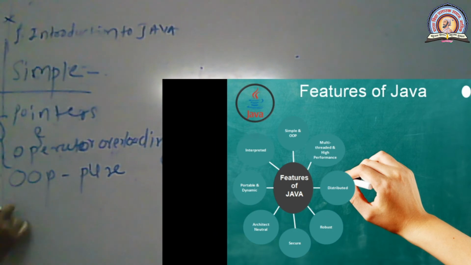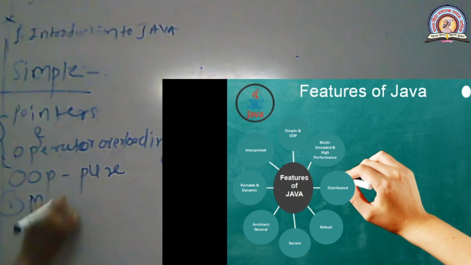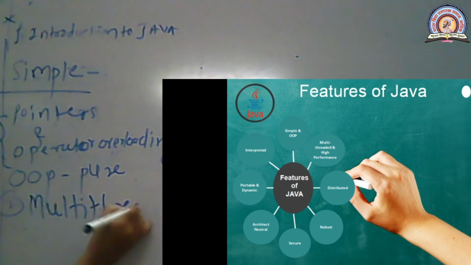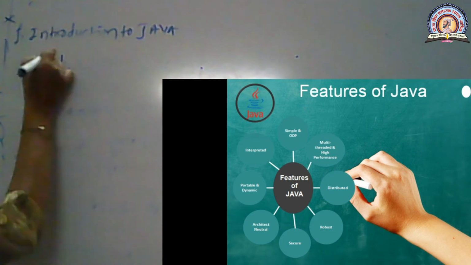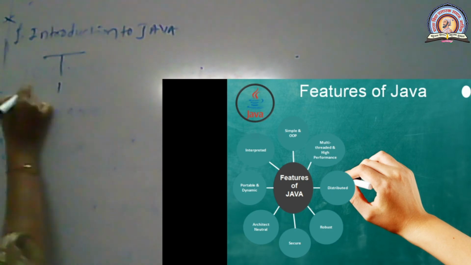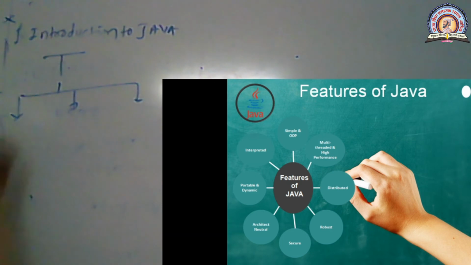Then the second thing is that it is multi-threaded. Now, what is the multi-threading concept first of all? Suppose there is one task T and it is divided into multiple subtasks, suppose T1, T2, T3. And these subtasks are executed parallelly.